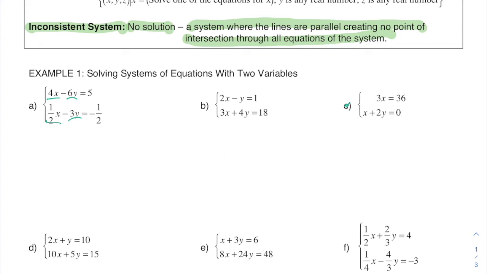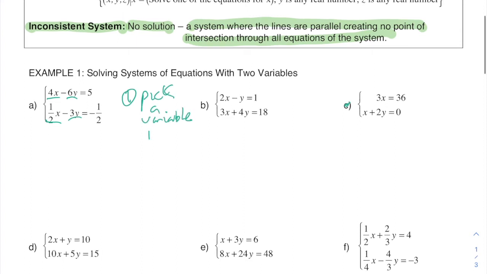Looking at example A, all we have to ask ourselves is: pick a variable to eliminate. That's your first thing. There is no wrong answer, although sometimes there's one that's a little bit easier.